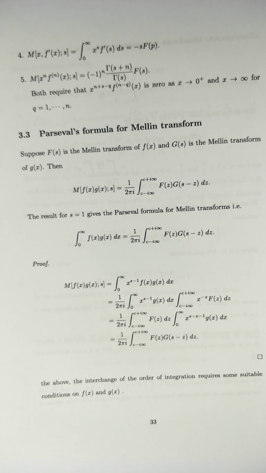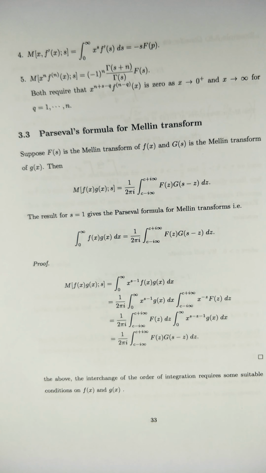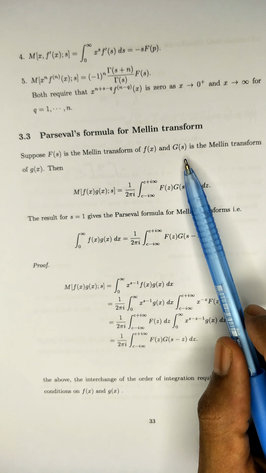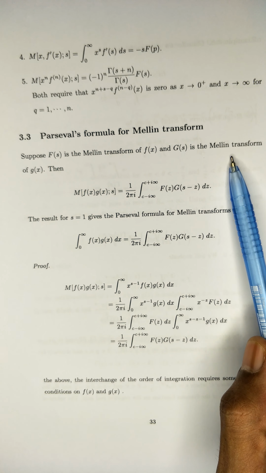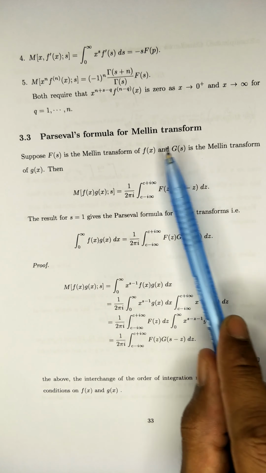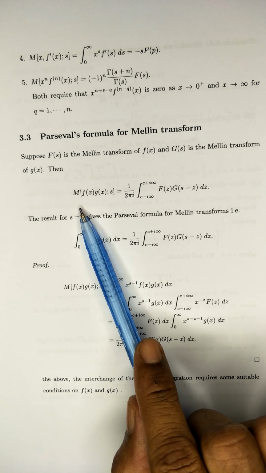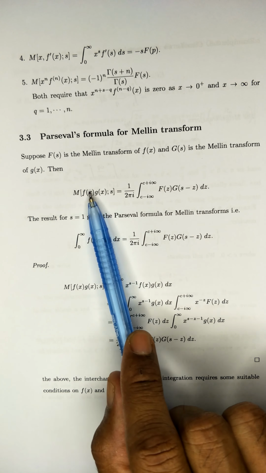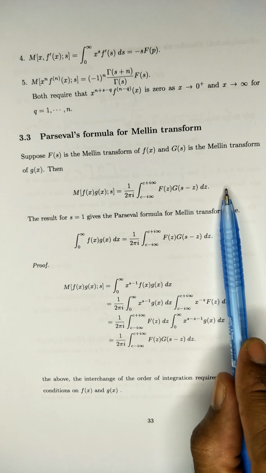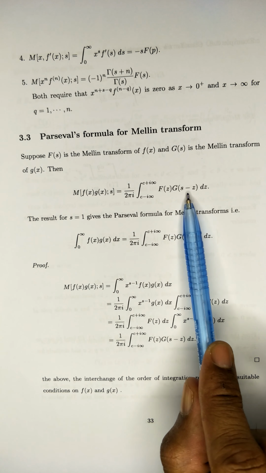And the Parseval formula for the Mellin transform. Suppose F(s) is the Mellin transform of f(x) and G(s) is the Mellin transform of g(x). Then the Mellin transform of the multiplication of two functions f and g is given by the integral of F(z) G(s-z) dz.